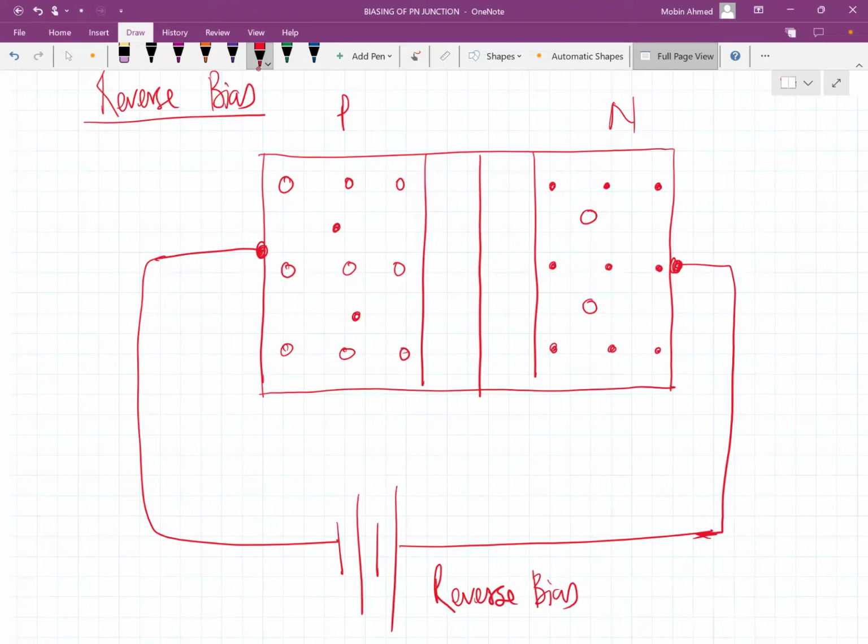Now in the reverse biasing, the negative terminal is going to attract the hole. The hole is going to be attracted towards the negative terminal, like this. Let me make this side also, because this is going to be attracted towards the positive terminal, like this.